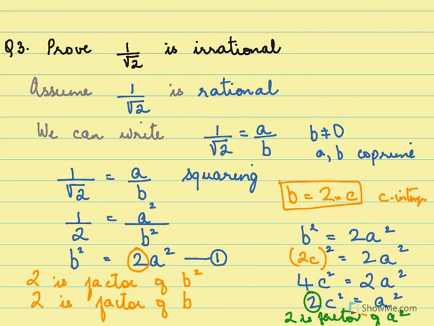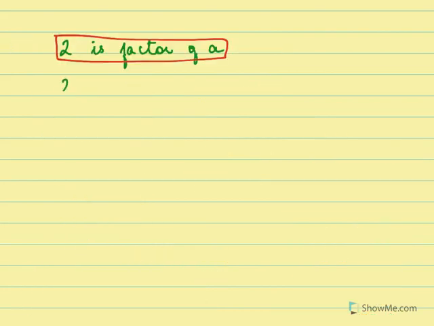So 2 will be a factor of a. So we have now 2 is a factor of a, and here we have 2 is a factor of b.